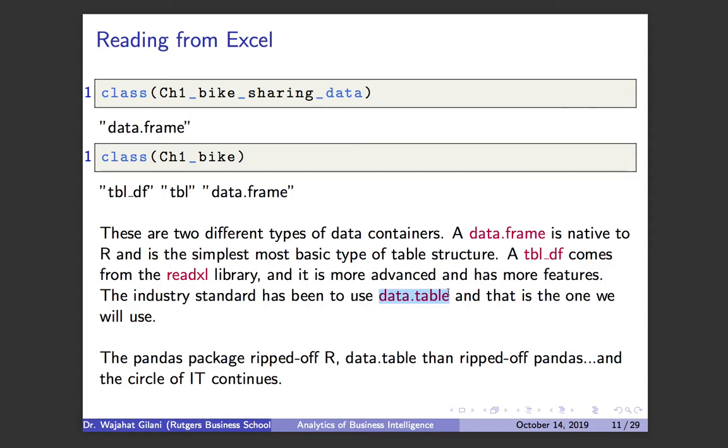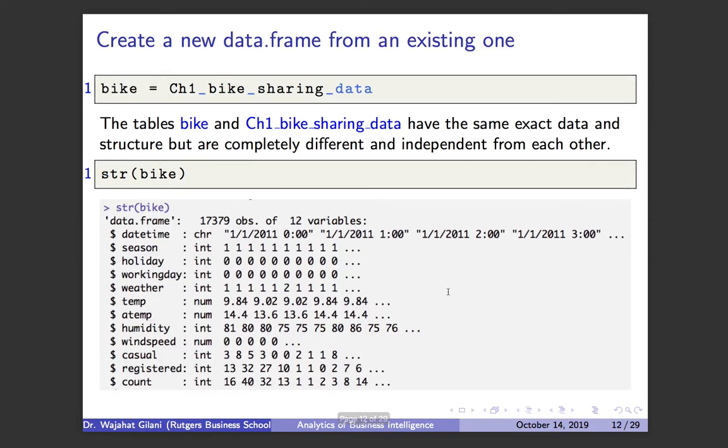All right? So with data.table, I'll get to that in a second, but let's go over some basics of data frames. I just do this to make my life a little bit easier. I'm going to create a new data frame from the existing one. Chapter 1 underscore bike underscore sharing underscore data is a simple data frame.